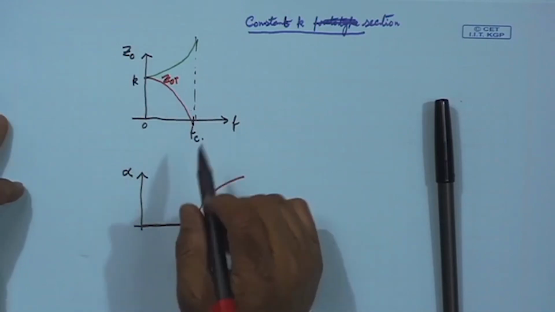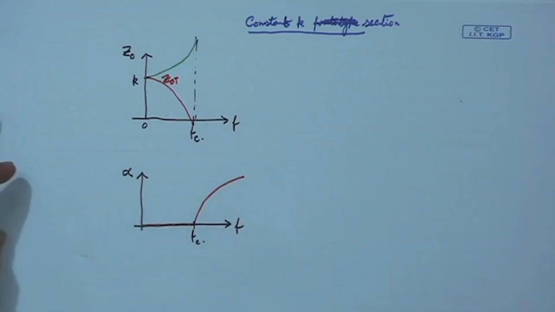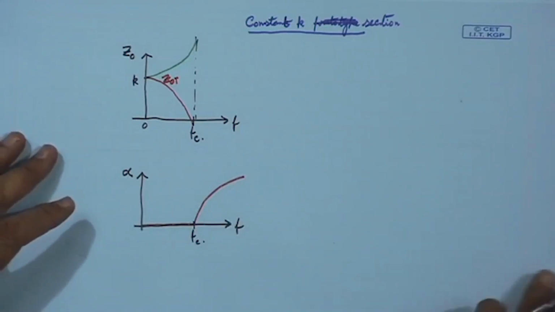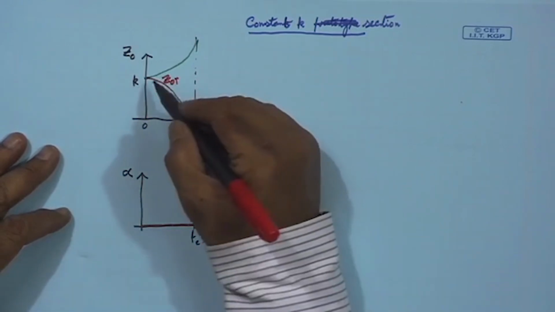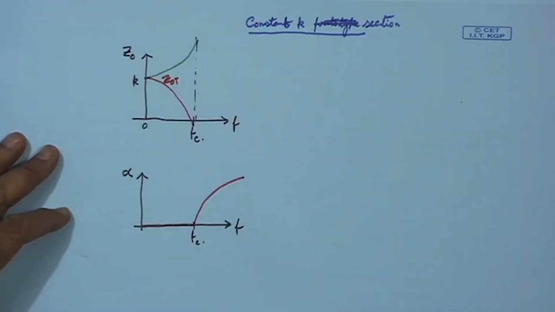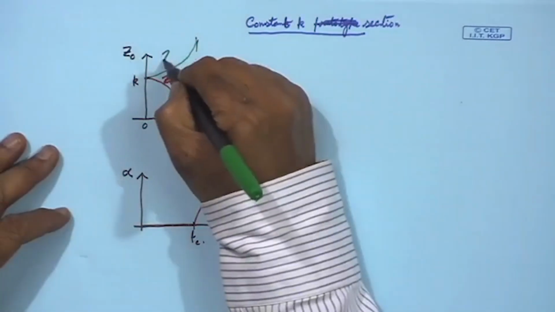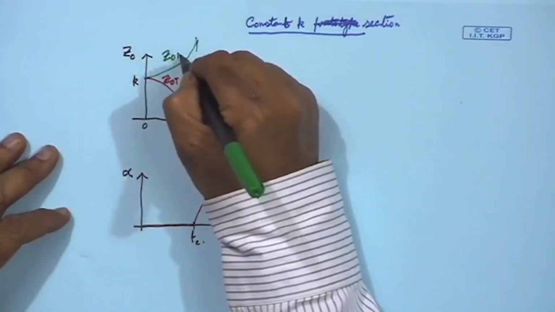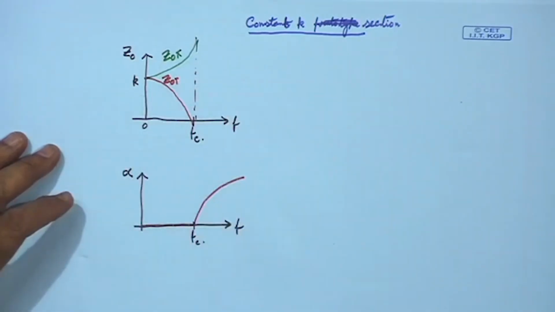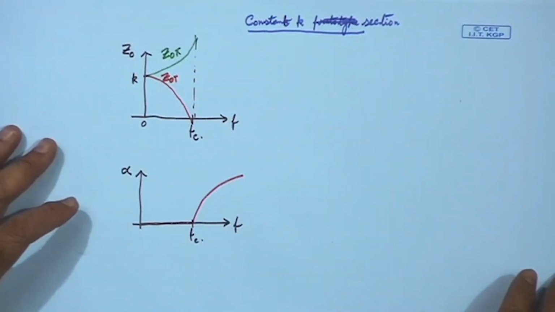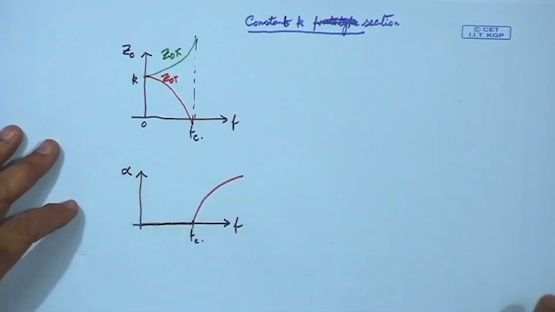So, the characteristic impedance is changing, and that is a problem for impedance matching of the filter section. Similarly, this is the graph for the pi section characteristic impedance, and you see here also from constant k it goes to a very high value.